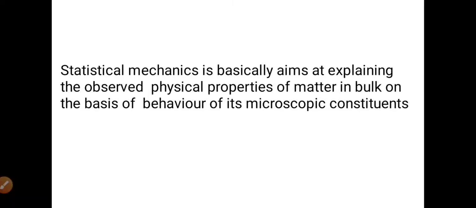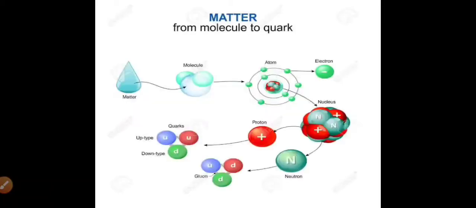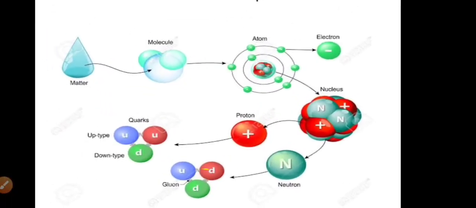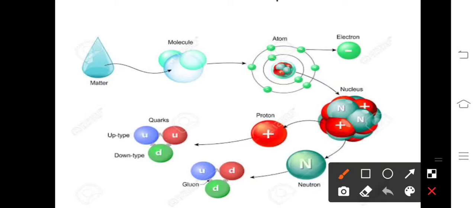Okay, now before going to study Maxwell-Boltzmann, Fermi-Dirac and Bose-Einstein statistics, let us recall some of the basic concepts. Here we can see that matter, we know that anything which occupies space is known as matter, and this matter is made up of two or more number of molecules, and these molecules are made up of atoms.